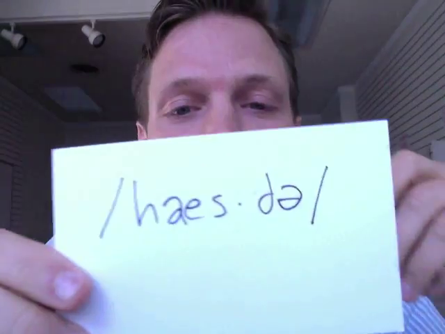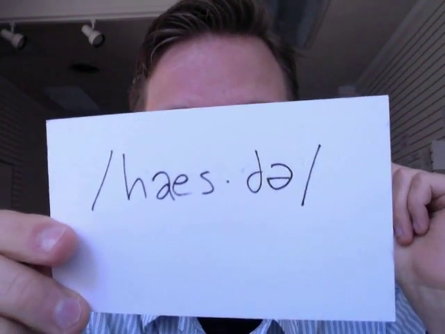When people say it faster, the "to" becomes like "duh," like we talked about in the earlier video, like go to the library, same thing. This becomes "hasta," not "has to." So it's that D sound, okay?